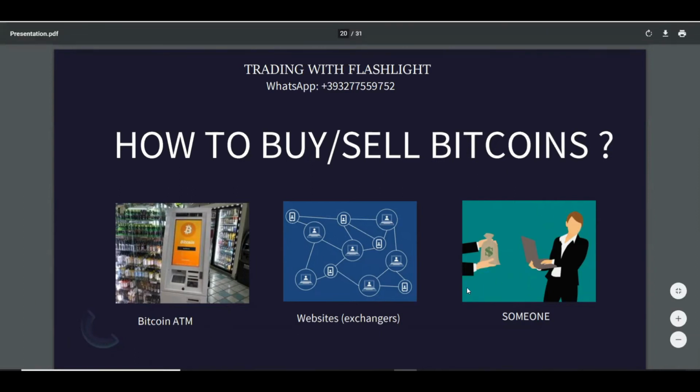It can be the reverse. The person can just sell you $100 at $100 without a percentage. But for sure, a website and an ATM always include fees. So you still have fees to pay, and the fees vary according to the website and the ATM. So when buying, try to search for the lowest fees.